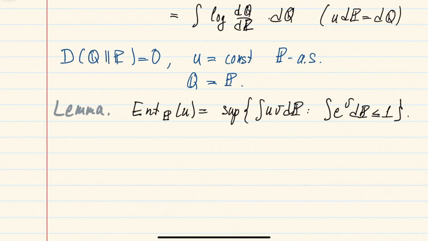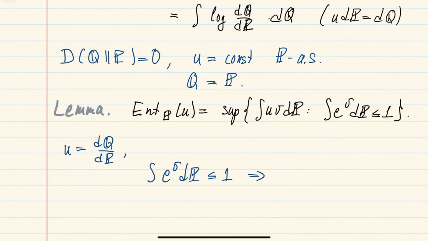Okay, so in particular, this variational representation for the case of Kullback-Leibler divergence, so when u is the density of some other probability measure q with respect to p, the way we will use this representation is the following: if the integral of e to the v with respect to p is less than 1, then this implies that the integral of u times v with respect to p is less than or equal to the supremum over such functions.